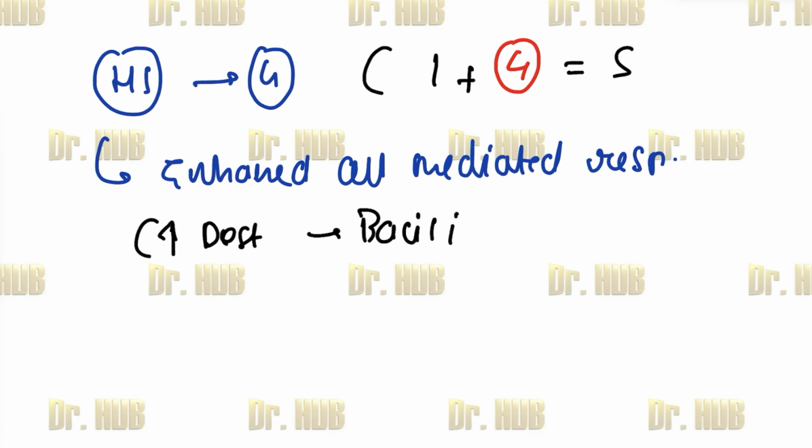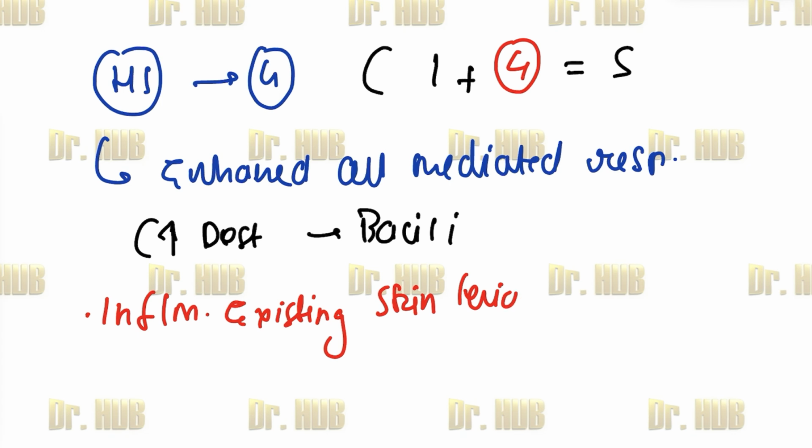Next, it includes inflammation of the existing skin lesions. There is significant inflammation of the existing skin lesions, and they can be red, painful, edematous skin lesions. They can ulcerate as well.